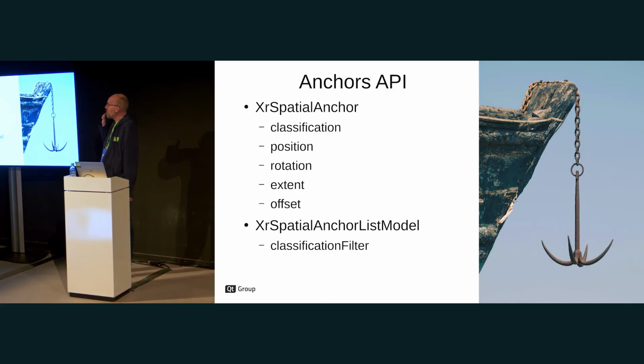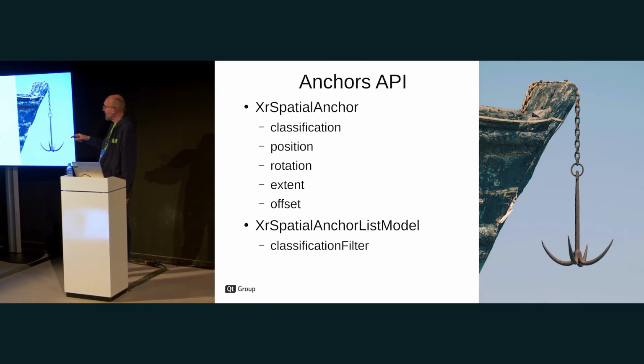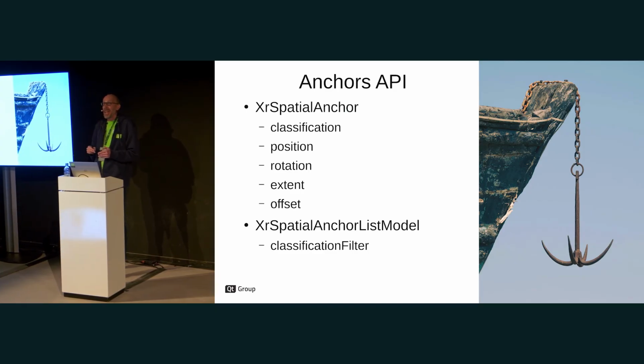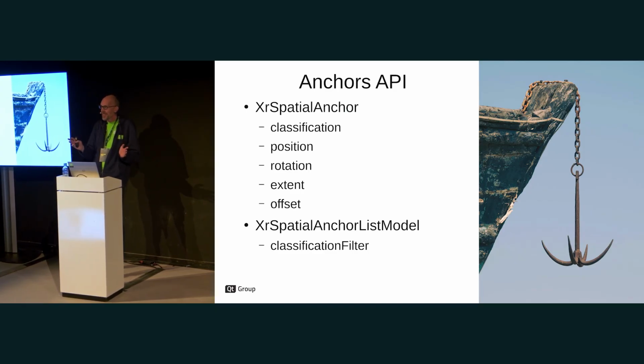The way we provide these anchors to you is through the XR Spatial Anchor List Model, which is a data model in the model view sense. And I just have to apologize in advance. We use the word model to mean two completely different things.